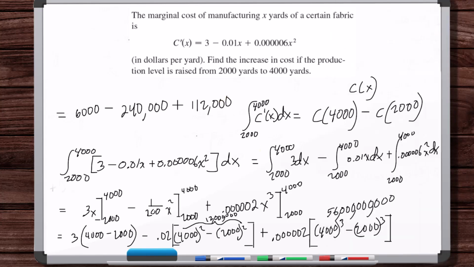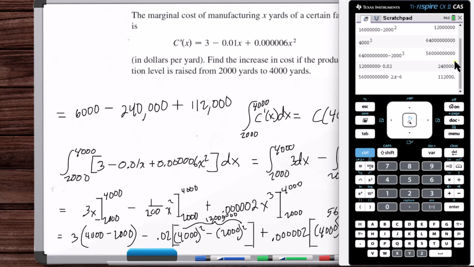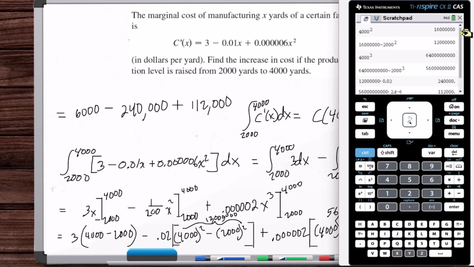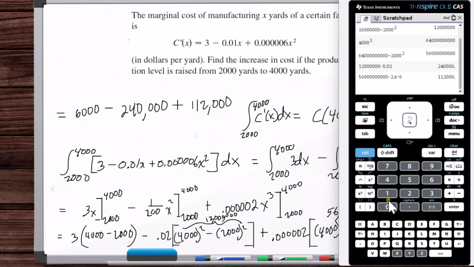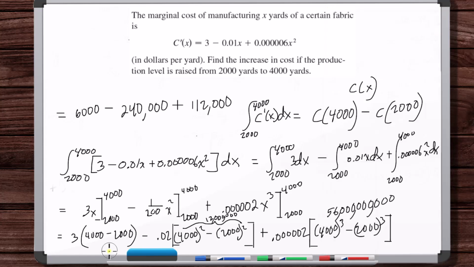Okay, so I'm messing something up here. 4,000 squared minus 2,000 squared. Okay, so 1 divided by 200 is 0.005. That's where I messed up.